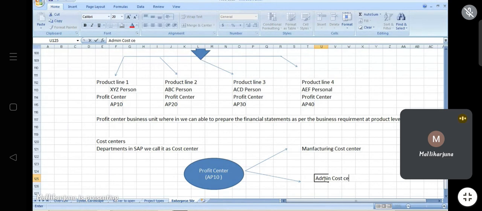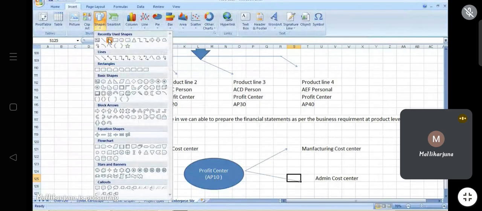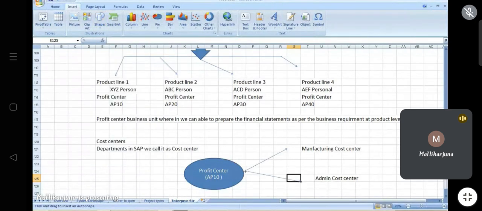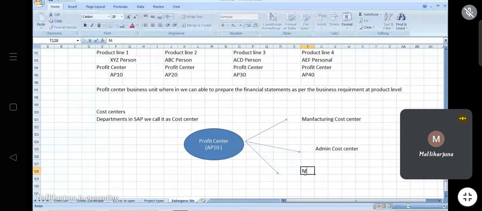Okay. So then again I would say marketing department, marketing cost center.